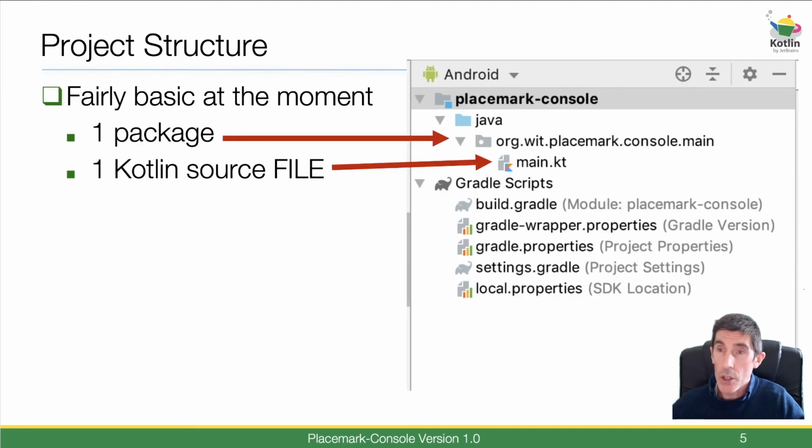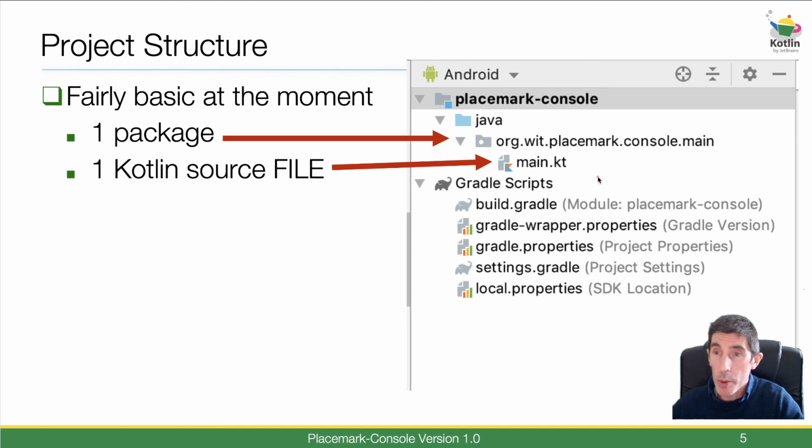Okay. So to begin with, if we look at our project structure here, it's very, very basic. We have essentially one package with one file, and I stress file, inside that package. There are no classes yet, so all we're doing is writing a few functions that we will call inside other functions.